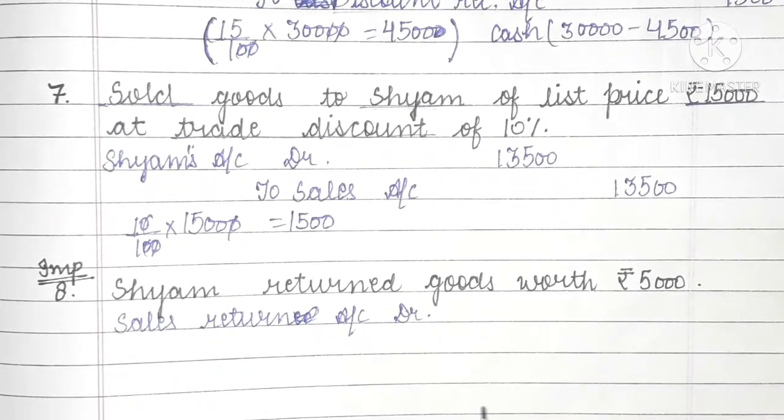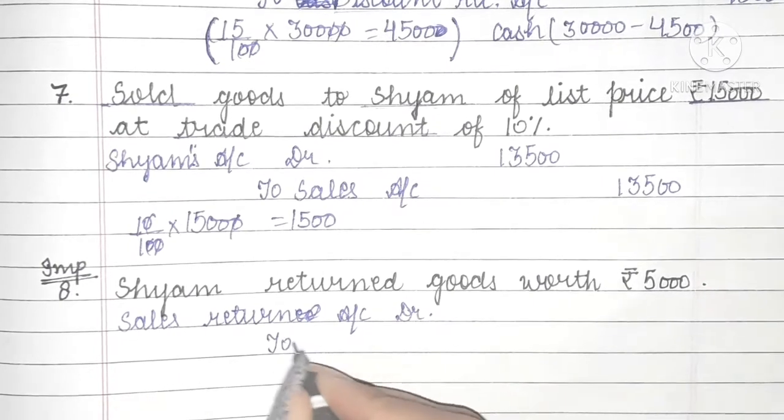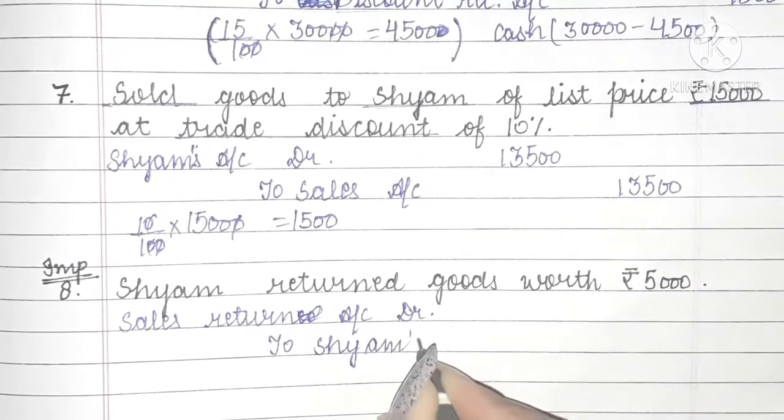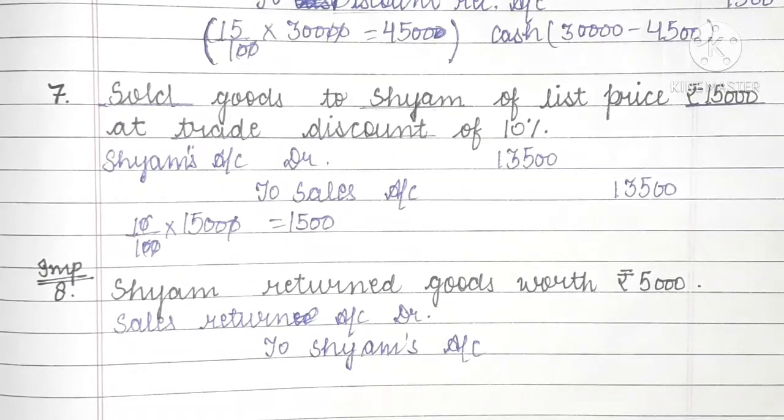Sales return account is debited because the goods are coming into the business, and we credit the giver, which is Shyam's account.